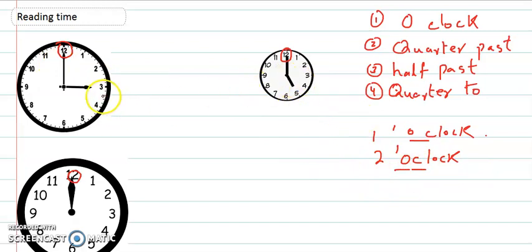After that I have to look at where the hour hand is. The hour hand is exactly at 3, so for this one I will say it is 3 o'clock. For the next clock, the hour hand is at 5, so it will be 5 o'clock.